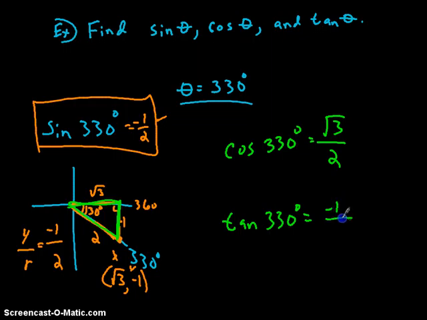So it would be -1 over the square root of 3, which rationalizes. And you rationalize that, it's going to wind up being square root of 3 over 3. Of course, to rationalize, multiply top and bottom by the square root of 3. So that's it. That's how you find the exact value of sine, cosine, and tangent at any of the important angles. So ultimately, we're going to build into creating the unit circle on your own.